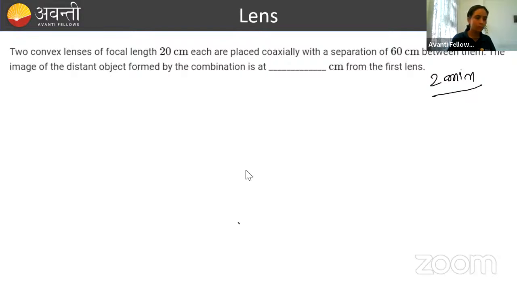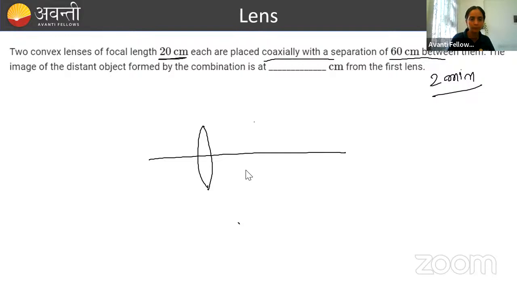Okay, so let's understand the question first. Two convex lenses of focal length 20 centimeter each are placed coaxially with a separation of 60 centimeter between them. So we are having two convex lenses. Okay, so draw the principal axis, draw it like this, and take another convex lens.